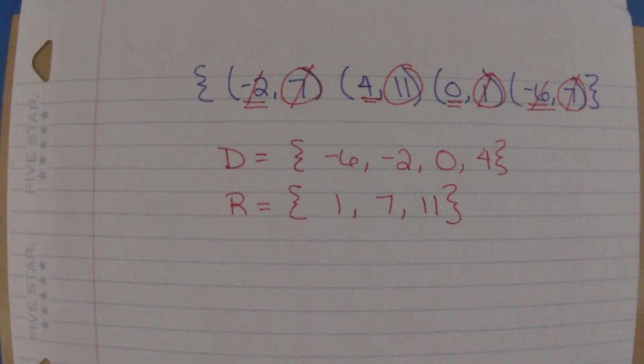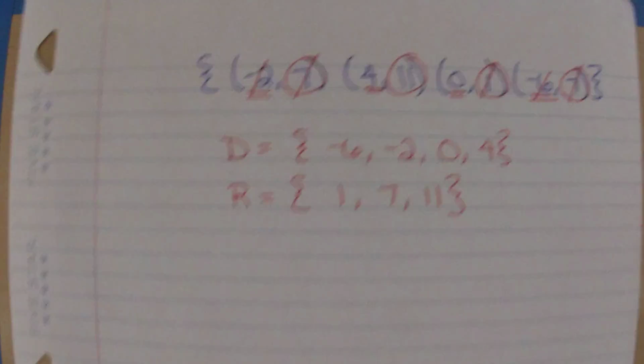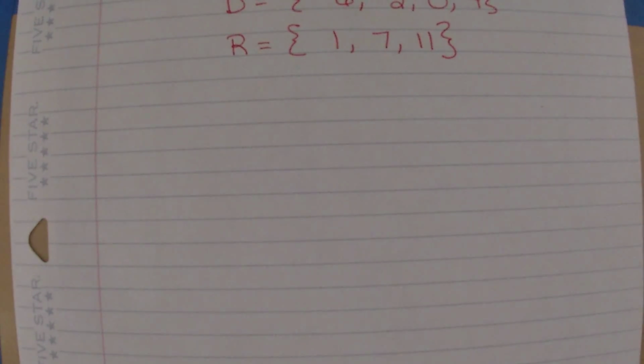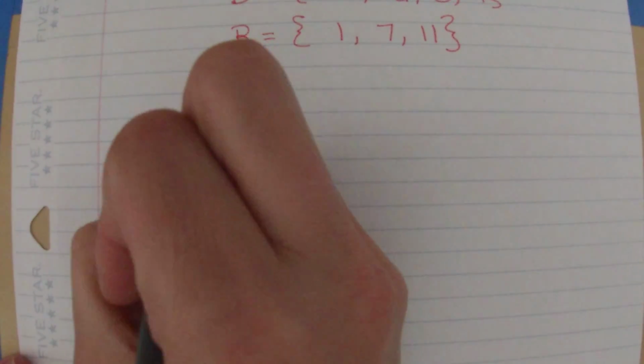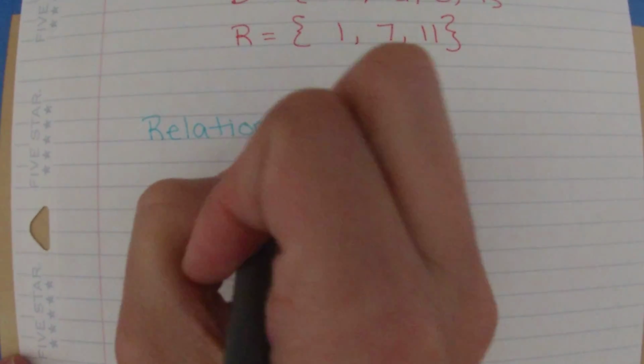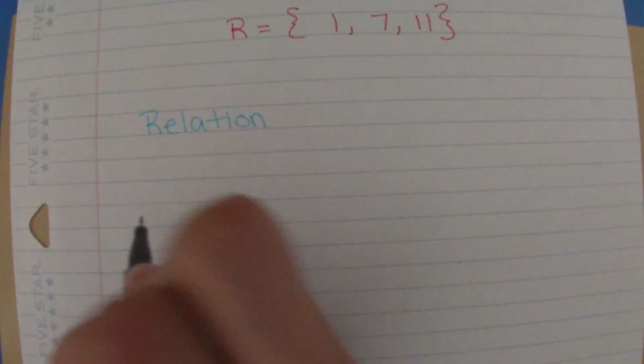The last thing that I wanna make sure that we are okay with is we should be able to tell the difference between functions and relations. So remember, a relation is always the case. Everything that we're looking at or talking about is a relation.